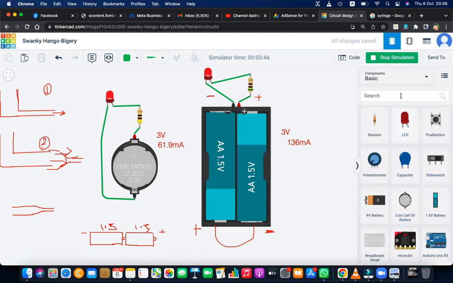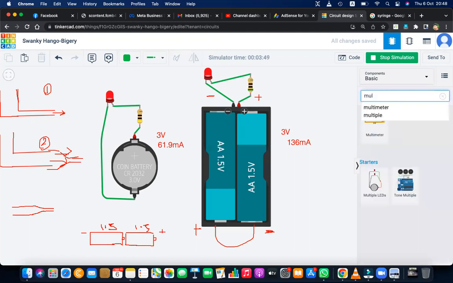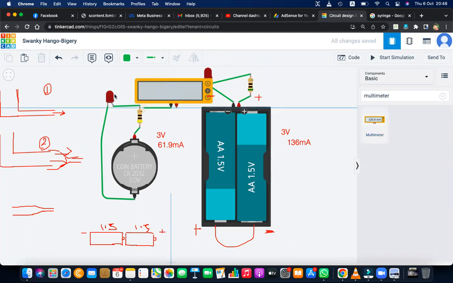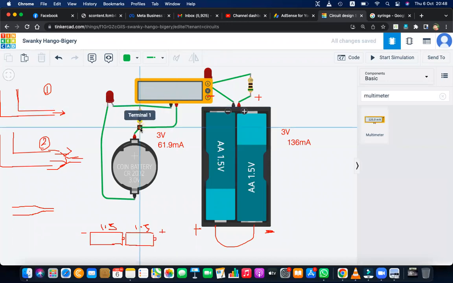We can measure this using a multimeter. If you use a multimeter, see here. So this bulb will get... So what is the voltage? Let's see what is the voltage around this resistor.